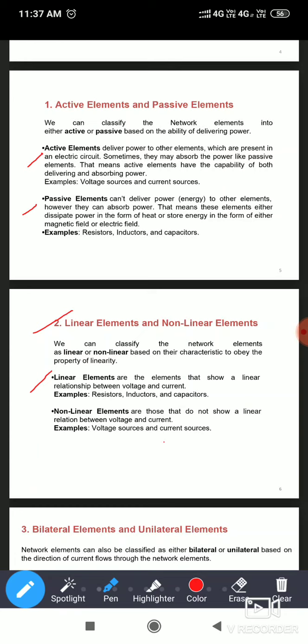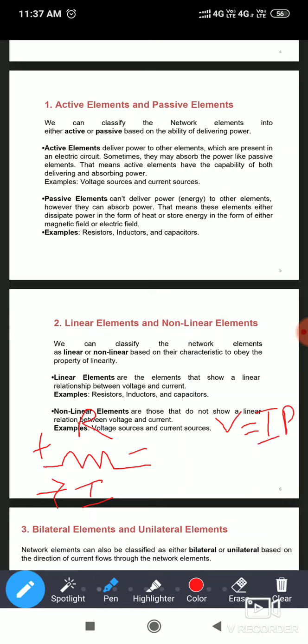Suppose I take the example of a resistor with value R. If you pass current I through that resistor, some voltage will drop across it. Suppose that voltage is V. Using Ohm's law, V is equal to I into R. So if I know the current and the voltage, and I plot the graph of V versus I while increasing the voltage, that graph will be linear.